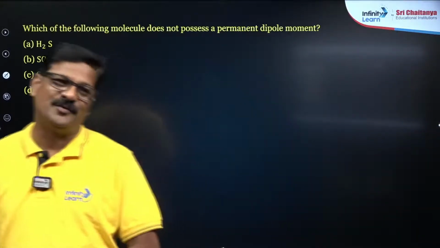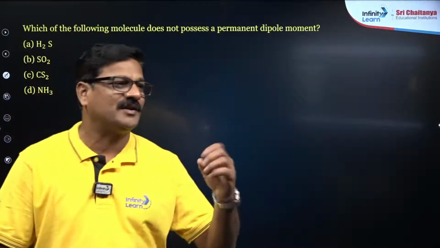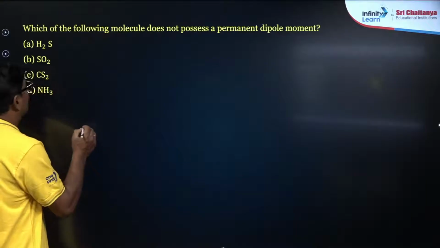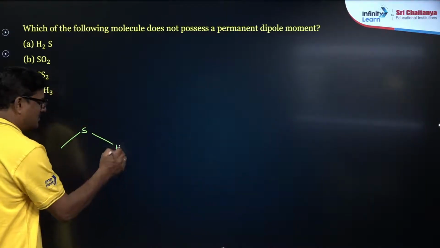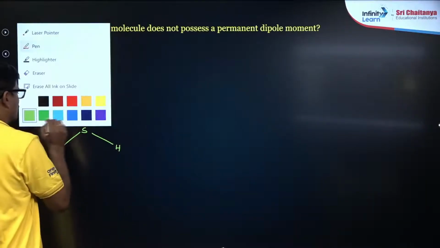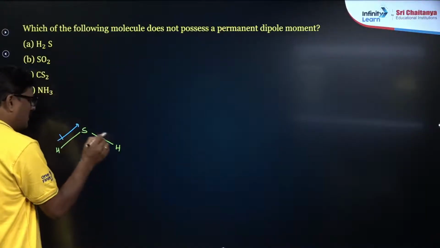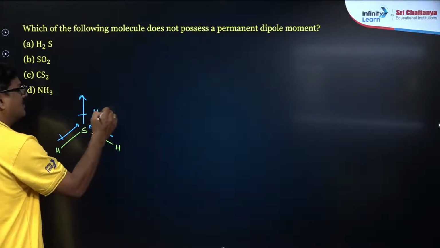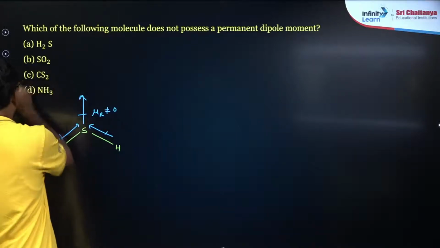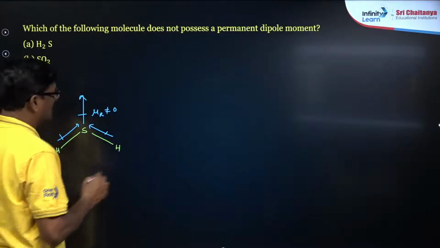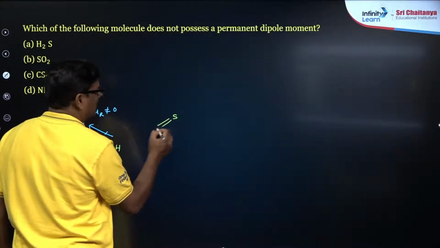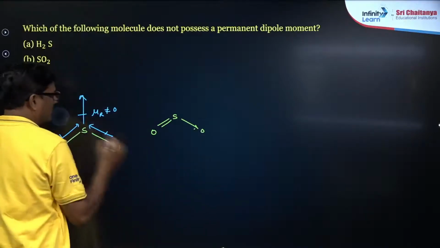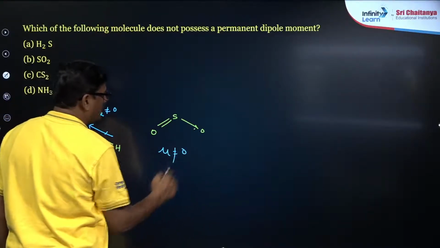So H2S. H2S is sulfur and hydrogen, there are bond moments, and the resultant permanent dipole moment is not equal to 0. And also SO2, sulfur double bond O, the resultant dipole moment is not equal to 0.